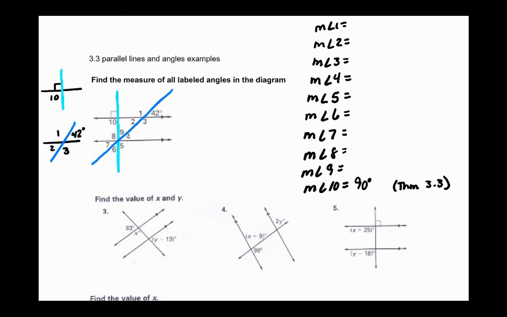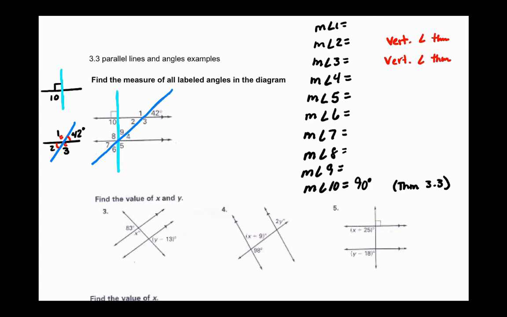So remember that vertical angles are congruent. So the ones that are across from each other within the X are congruent. So I can get angle 2 using my vertical angles theorem. And then I'm going to use something else to find angle 1. And then I'm going to use the vertical angles theorem to fill in angle 3 once I know angle 1.